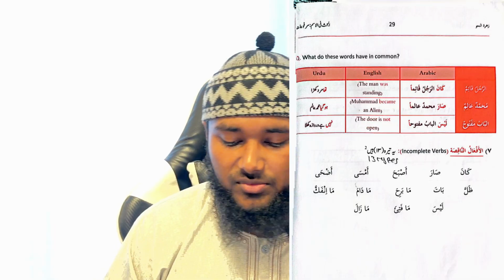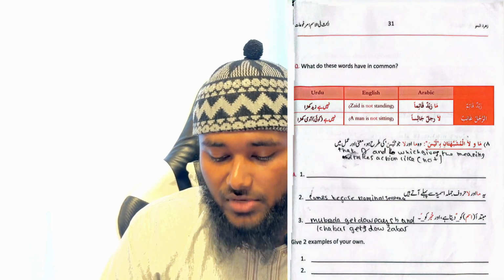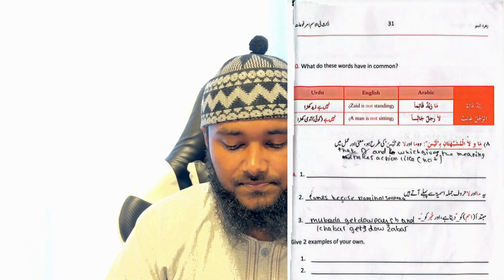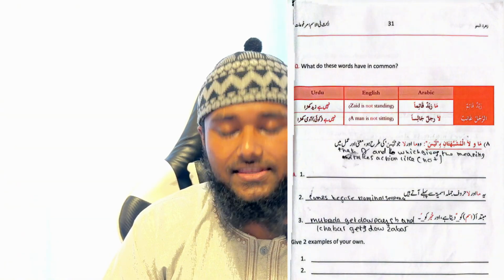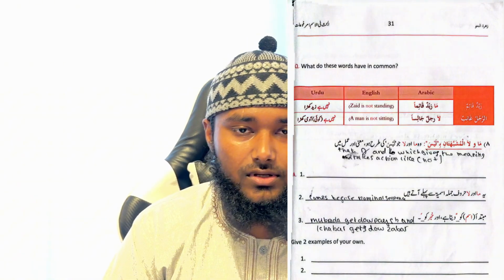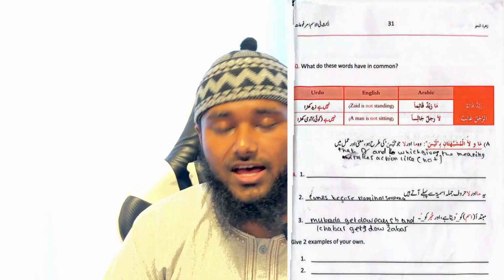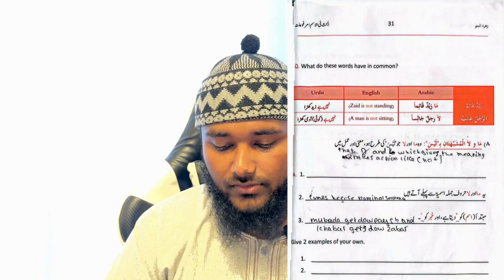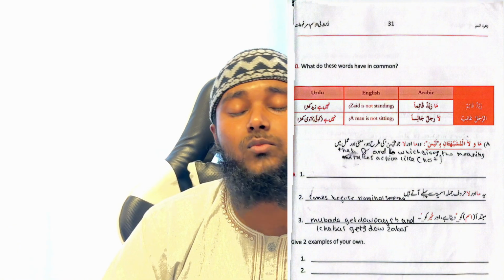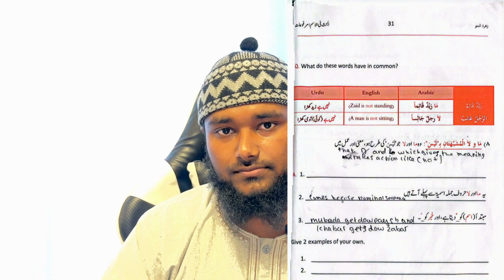Okay, and this is the next chapter of Ma wala al-mushabbahatani bilaysa. That means that particle ma and that particle la, which are similar and work exactly the same way as laysa.